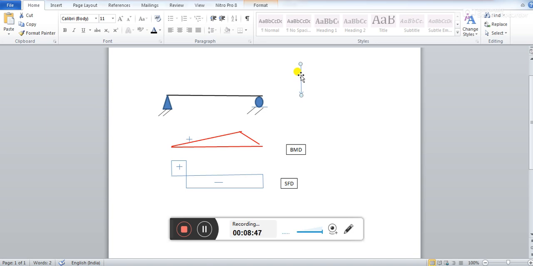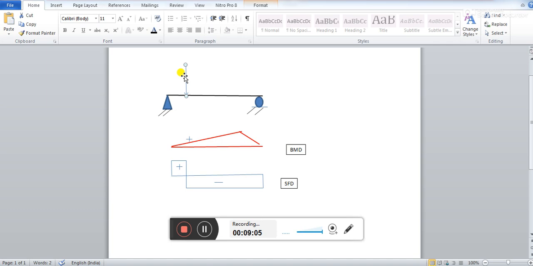So you see, this is actually the concept of influence line. Influence line is actually dealing with the concept of these moving or rolling kinds of loads.